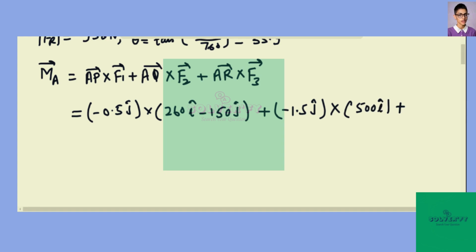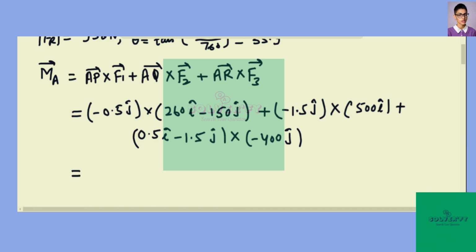Plus, the AR vector is 0.5 i cap minus 1.5 j cap and the F3 force is minus 400 j cap.